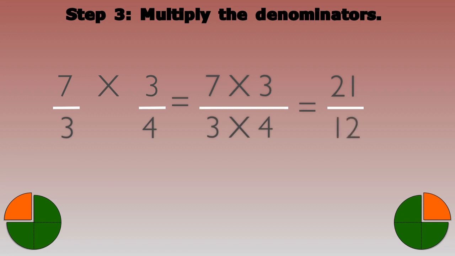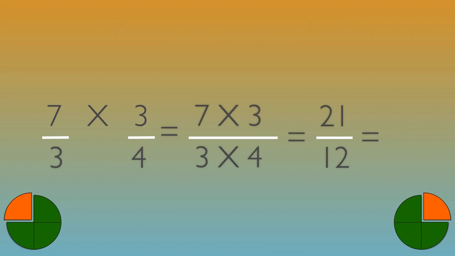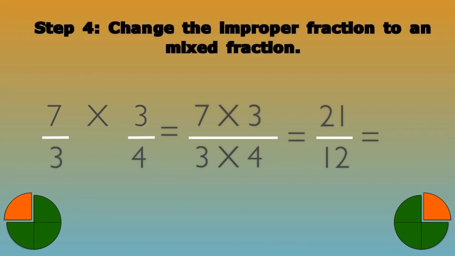Good job. Now, the next step says I change this improper fraction back to a mixed number or a mixed fraction. How many groups of 12 can I get out of 21? One whole group, that's right. How much is left over? 9, that's correct. And what is my denominator? 12.